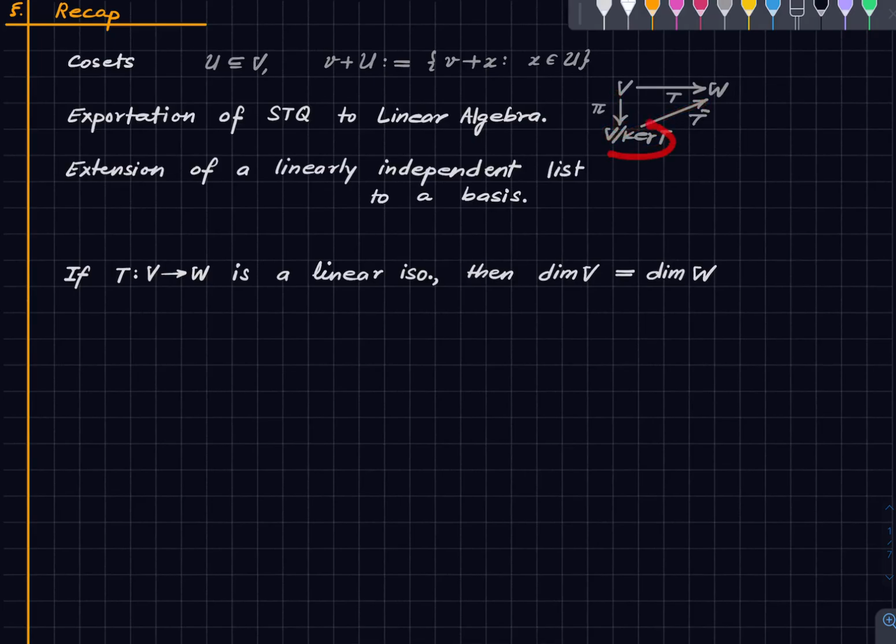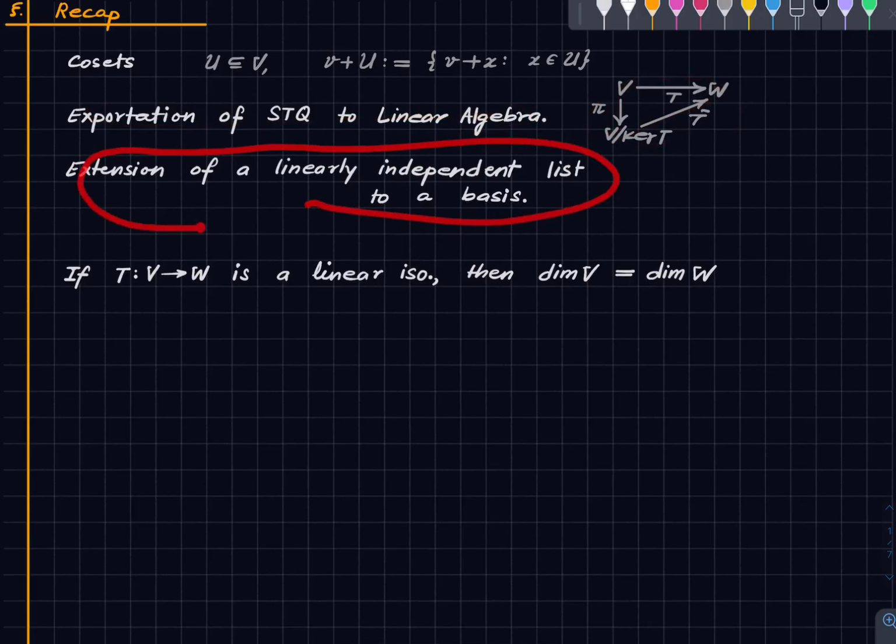In fact, there's a unique vector space structure which makes pi linear, and that automatically makes T bar linear. So this linear map can be thought of as a composition of two other linear maps, and that is what we saw in the lecture about exportation of set theoretic quotienting to linear algebra.